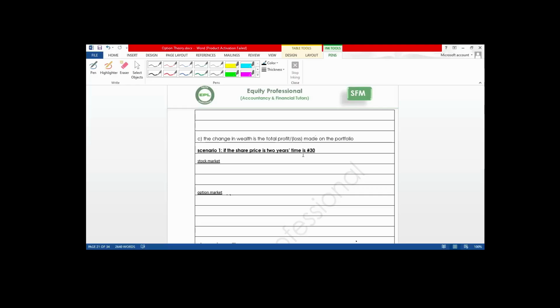We now have the option market, where investors can protect their investments against fluctuation in value.